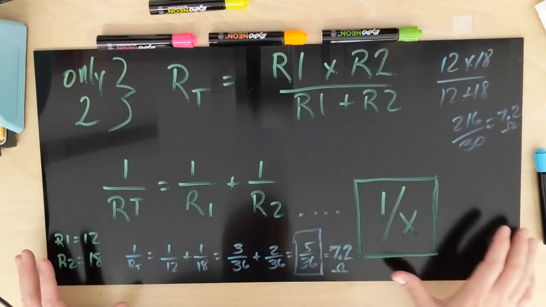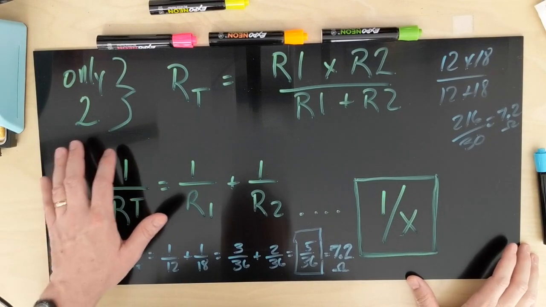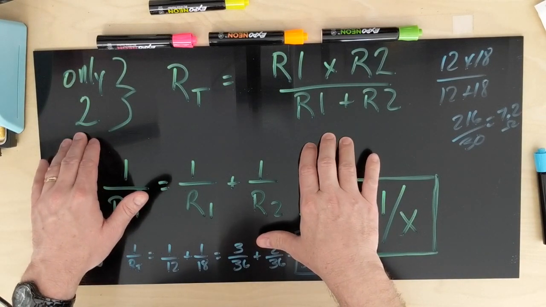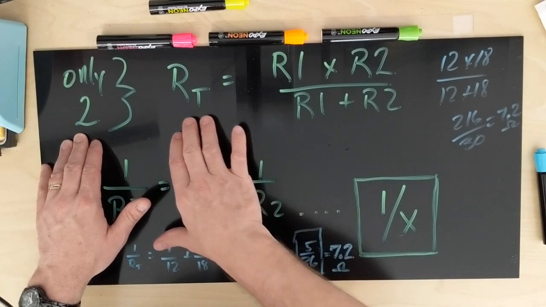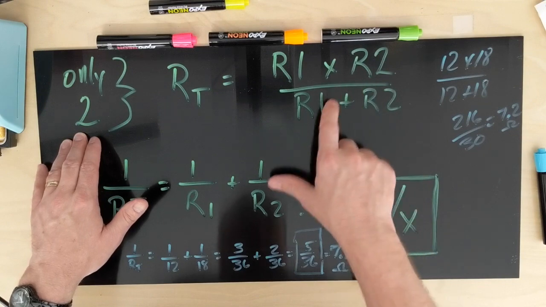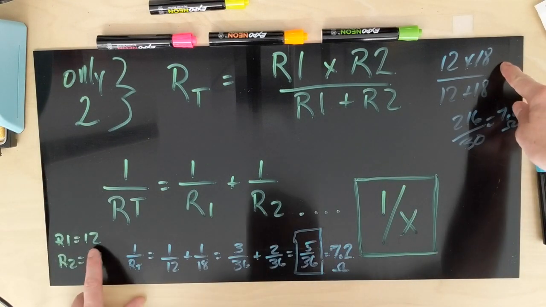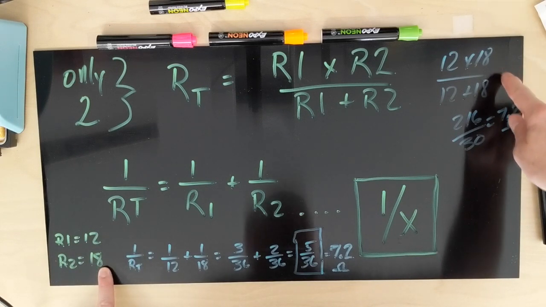So one thing worth mentioning with parallel circuits I didn't go over earlier, because there is a formula. If you only have two resistances in parallel that you want to calculate, you can use RT is equal to R1 times R2 over R1 plus R2. Say R1 is 12 and R2 is 18, for example.